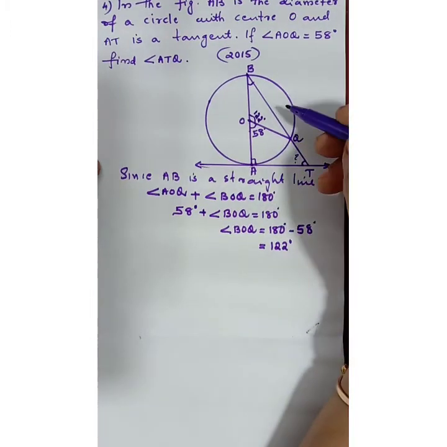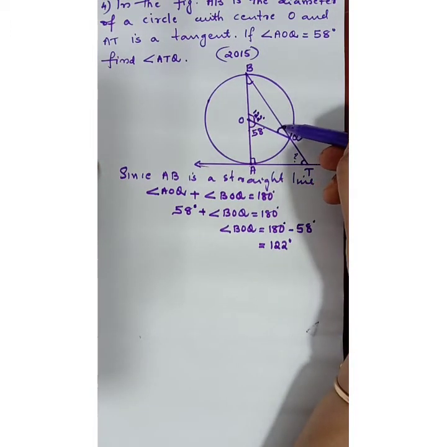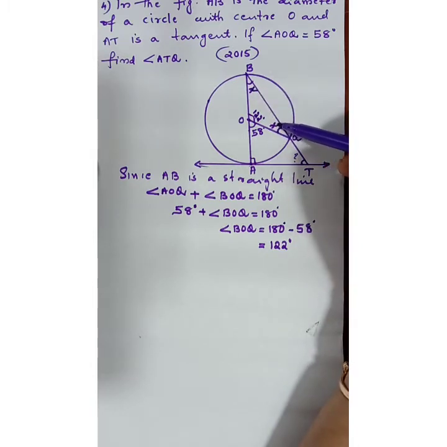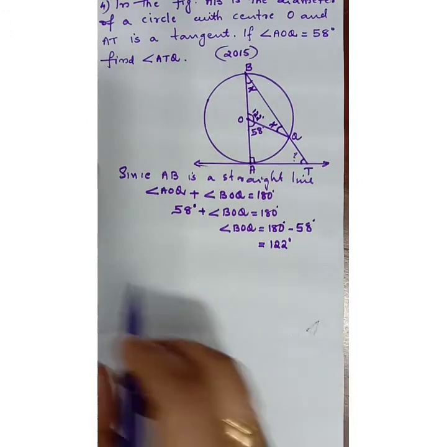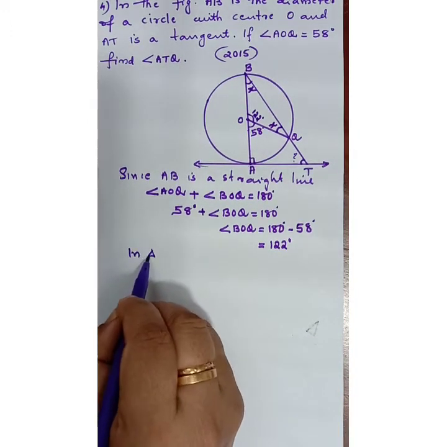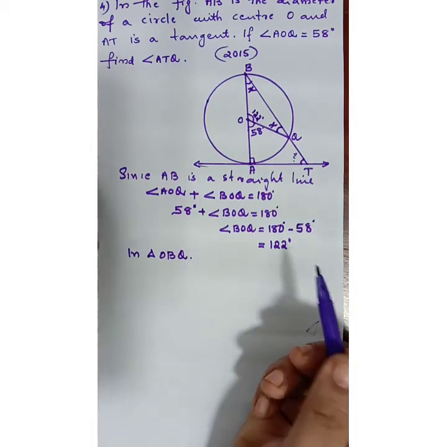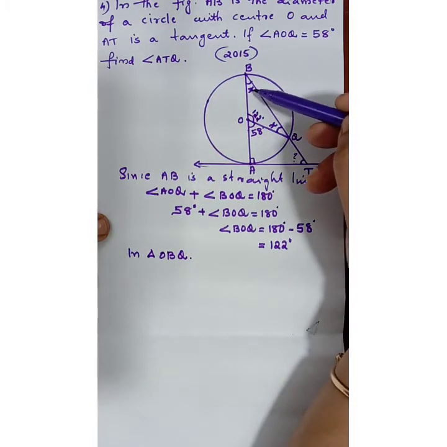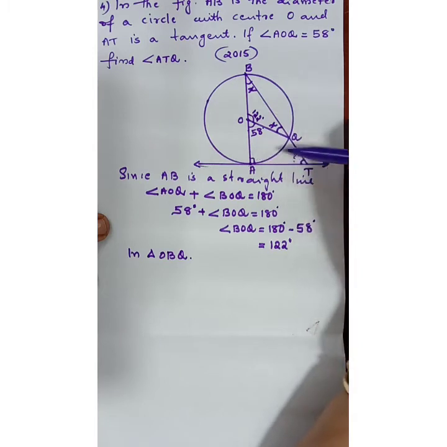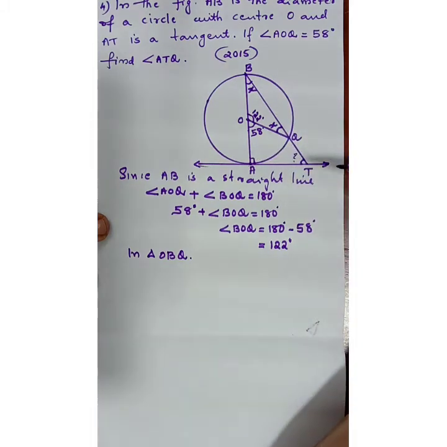And we know that these two angles are equal. So if it is x, this also can be taken as x. Mark it in the figure. So in triangle OBQ, our idea is finding what is this x, so that this x plus 90 plus this angle will make 180.